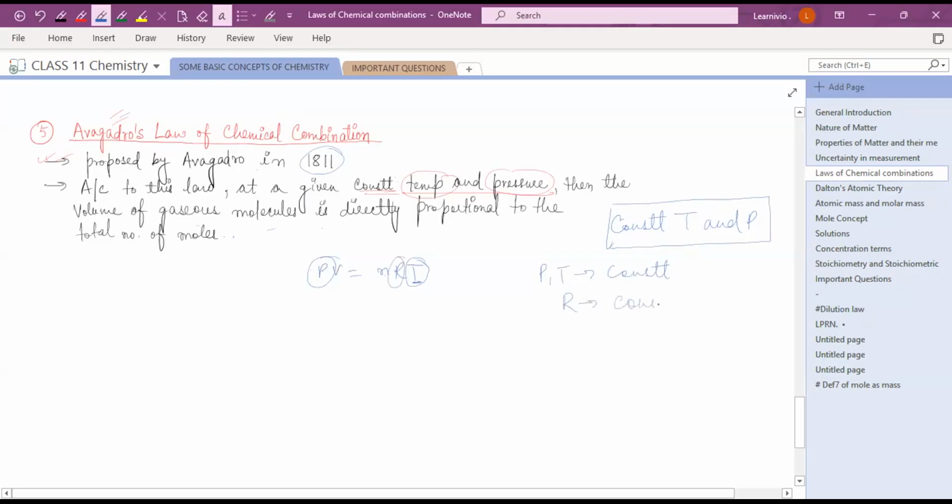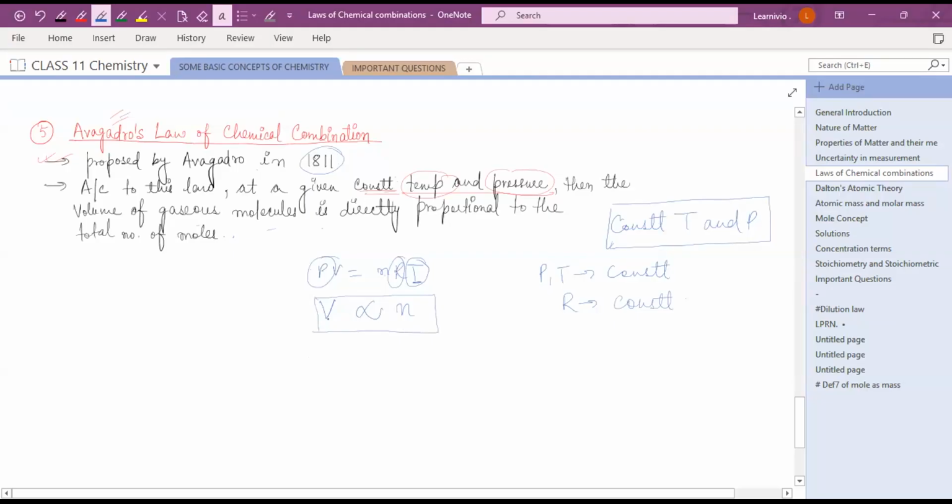So if we take the pressure, temperature, and gas constant as fixed, then the volume is directly proportional to the number of moles. So this law says that when you keep the temperature and pressure constant, the volume is directly proportional to the number of moles.